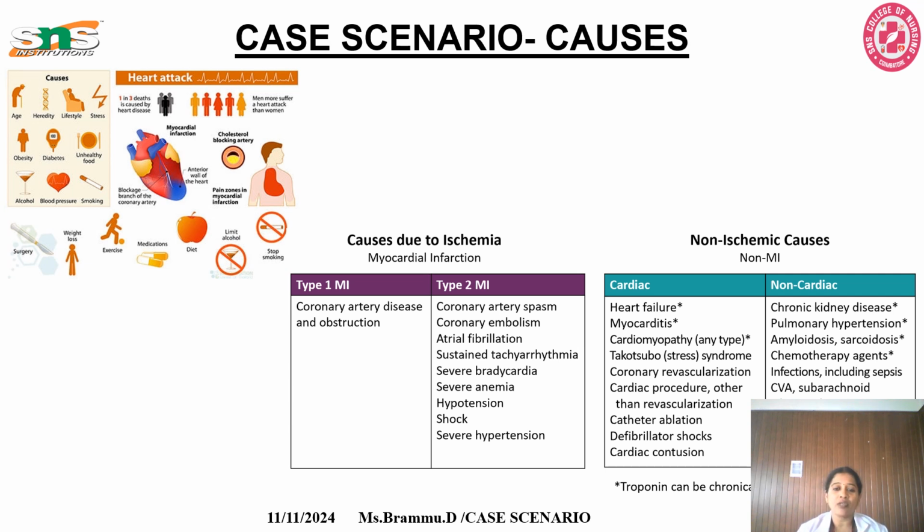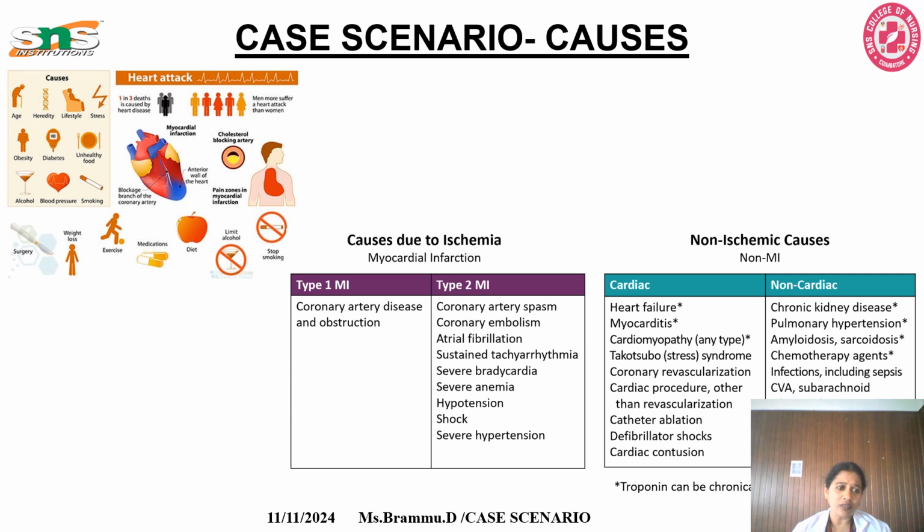Patients with previous revascularization, previous cardiac surgery, or previous catheter ablation can also develop MI post-procedure when adequate care is not given, as well as in case of cardiac contusion. Some non-cardiac causes include chronic kidney disease, pulmonary artery hypertension, amyloidosis, sarcoidosis, chemotherapy agents, infections, sepsis, and so on.